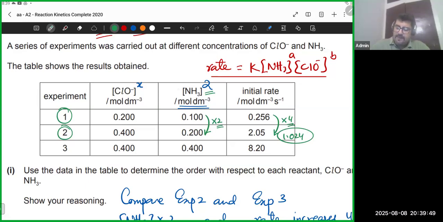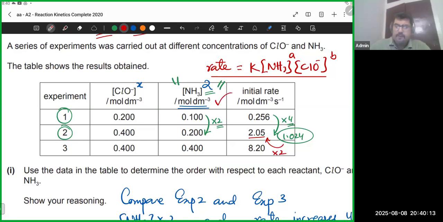So this is the effect of ammonia, which is order 2 in between experiments 1 and 2, right? But as you can see, my value for experiment number 2 is not 1.024, it's actually 2.05. That means it's actually doubling again, right?